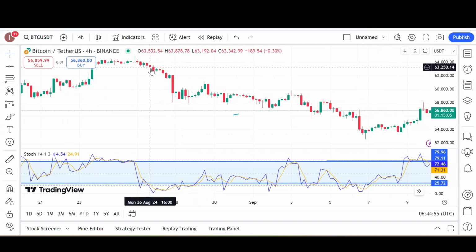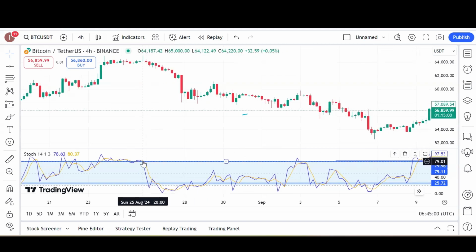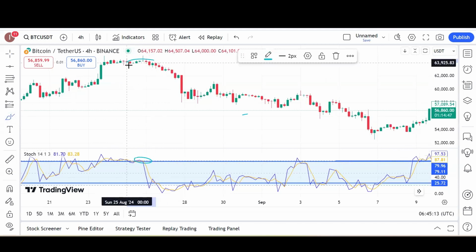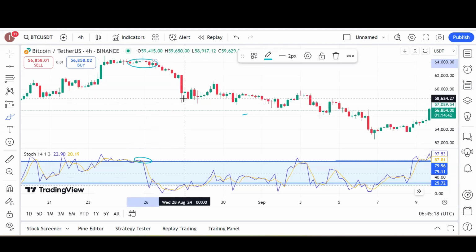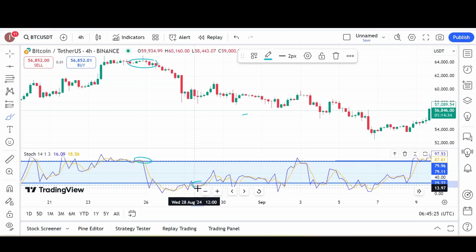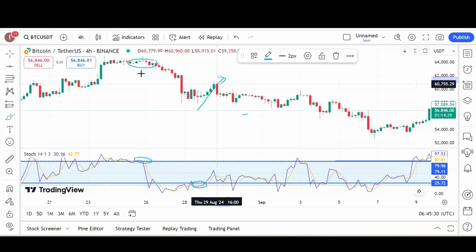When the market is in an overselling situation and the orange-yellow line crosses your blue line, then you have the sell signal of the market. When the yellow line crosses, this is your sell signal, and then the market goes to the downward side. And then you can see that when your blue line crosses the yellow line, the market goes in an uptrend direction.